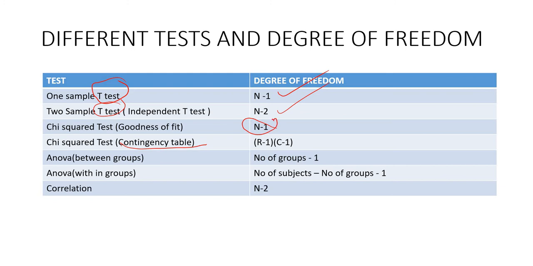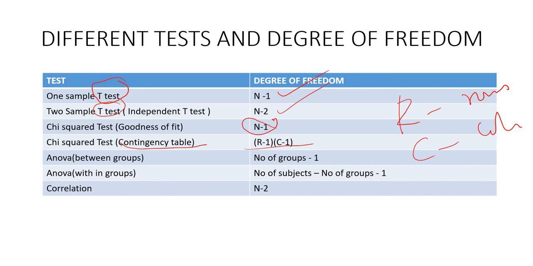When there is a contingency table, it is r minus 1 into c minus 1, where r is the number of rows and c is the number of columns in the table. If you want more clarity, watch the video for chi-square test under the playlist statistics, or under the playlist feature engineering. It is used when both variables are categorical.